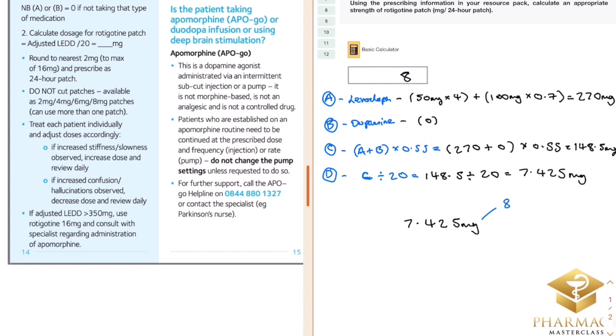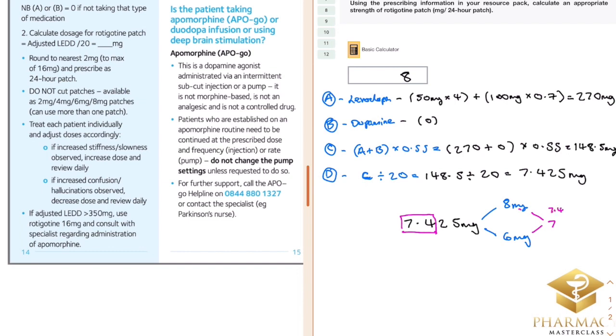You've got 8 milligrams and you've got 6 milligrams. So what you do is you take the 7.4 part there and you say, what's the middle between 6 and 8? It's 7. So you say, where does 7.4 fall?